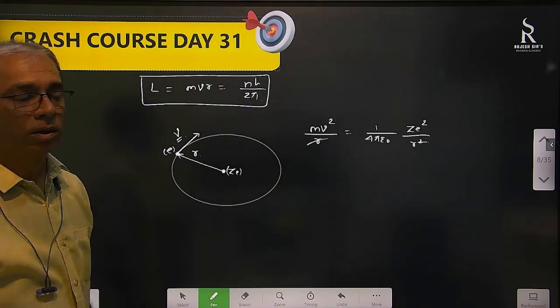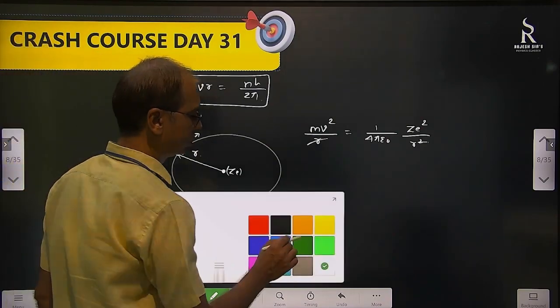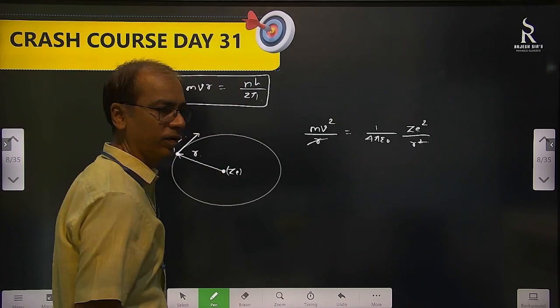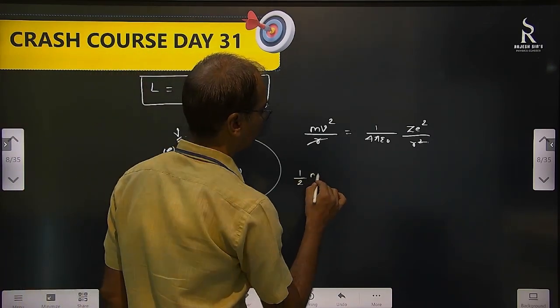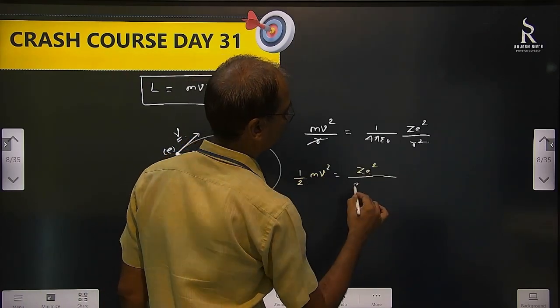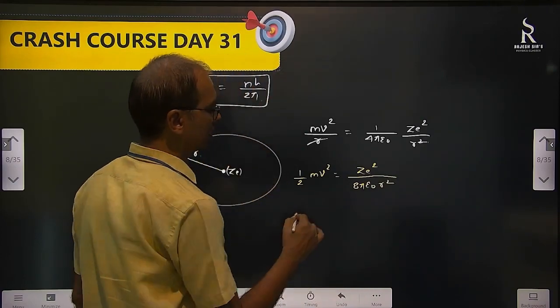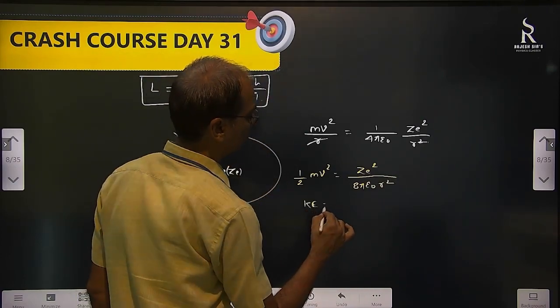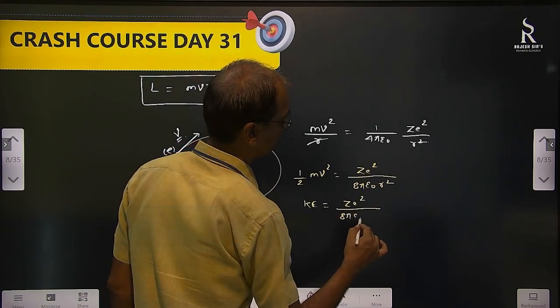From here we can find the kinetic energy of the orbiting electron. Kinetic energy means half mv square, so half mv square equals Ze square by 8 pi epsilon naught r. This is the kinetic energy of the electron.